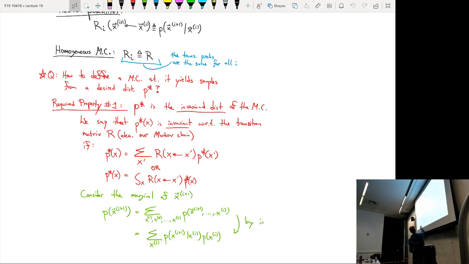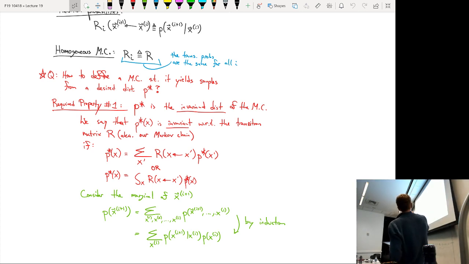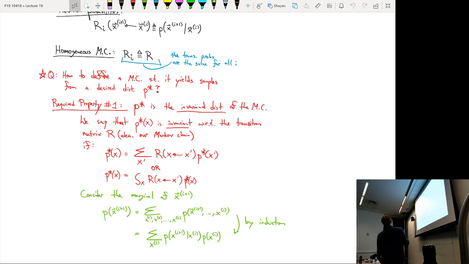All we're saying is that if you already had the marginal probability of just x_i, to get the marginal probability of the next state, you sum over all possible previous states x_i for this product of probabilities. All right, so this is required property number 1.